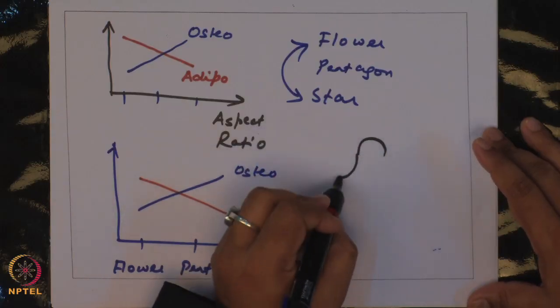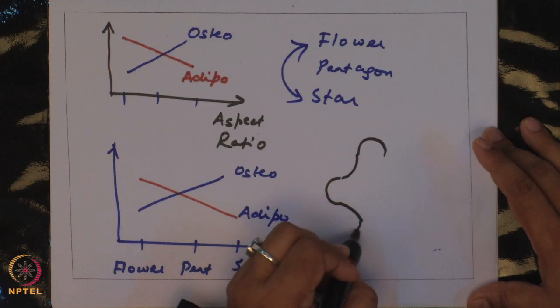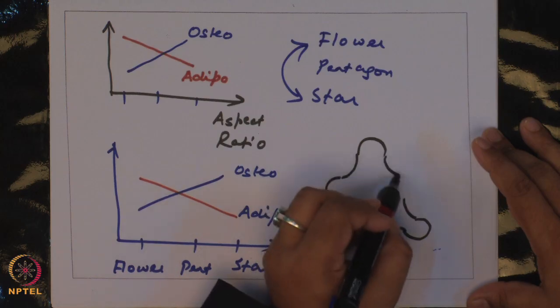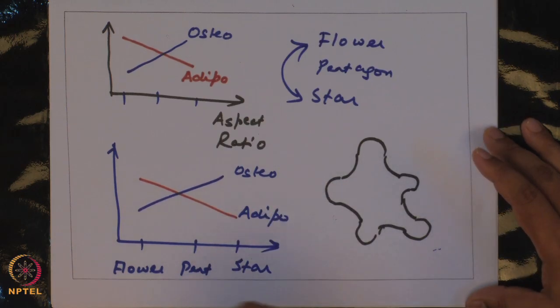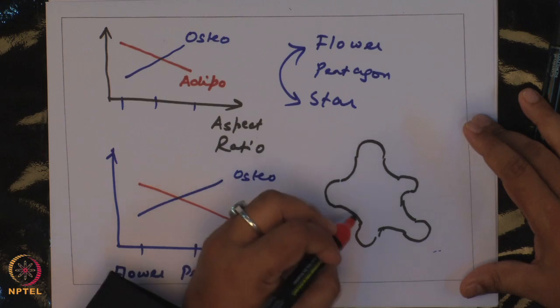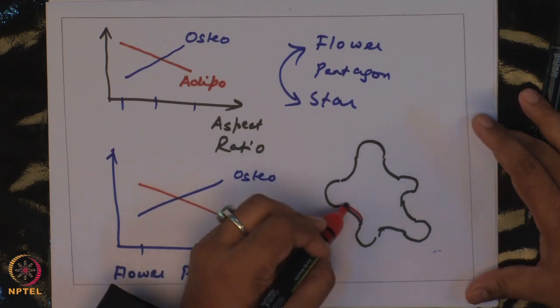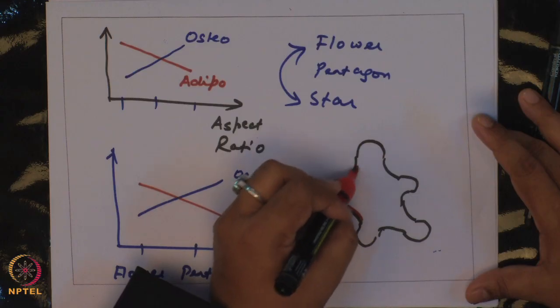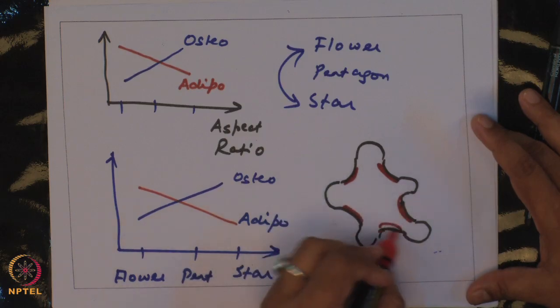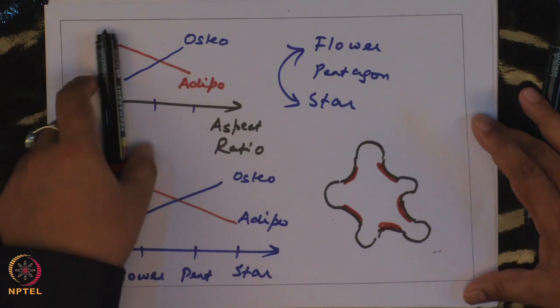What they found on the flower patterns, if I were to draw a heat map, is that the red denotes the actin signal.